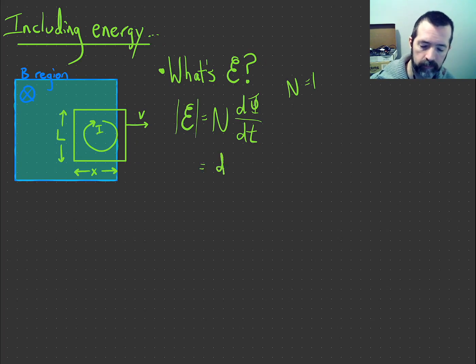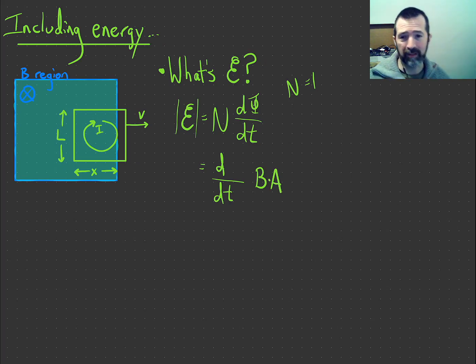Well, what is Φ? Φ is supposed to be the magnetic field times the area. It's a dot product, but everything is perpendicular here, so the dot product is optimized. So it's just B times A.